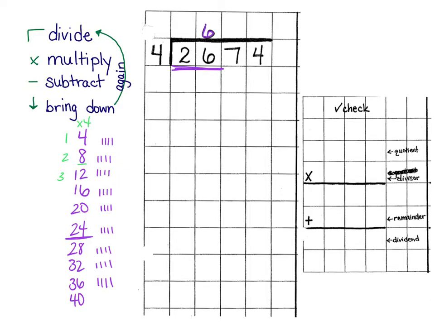Now, we check it. After we divide, we multiply. So 6 times 4, if you don't remember, do it again. 4 times 6 is 24.